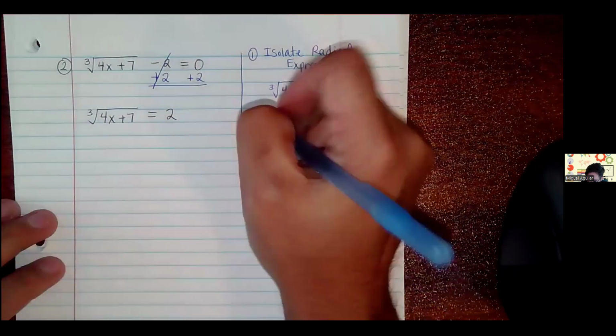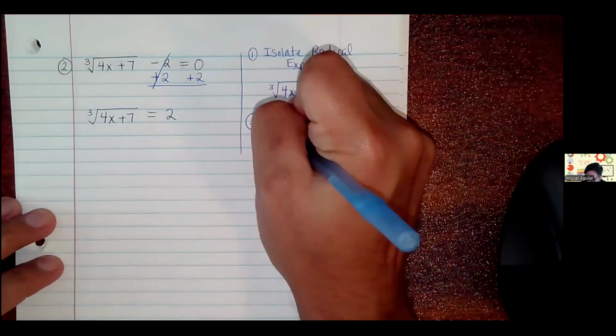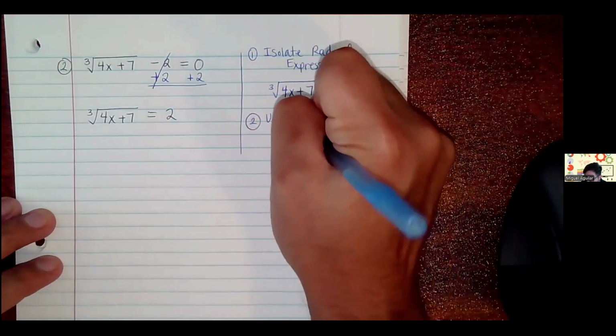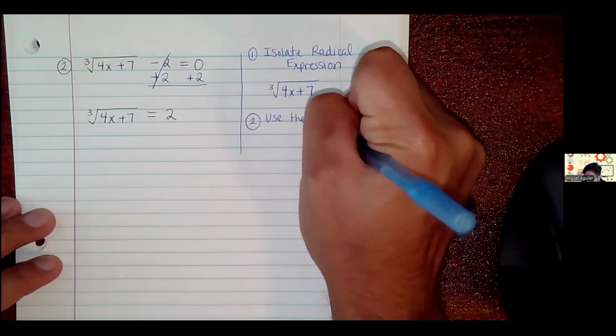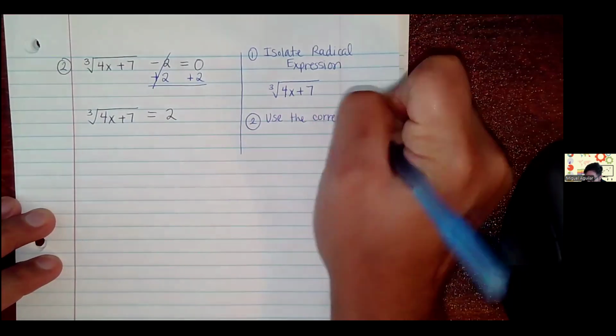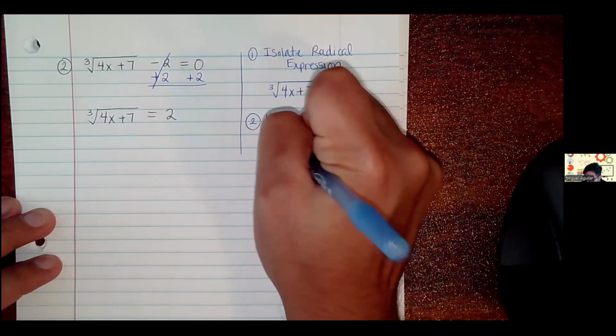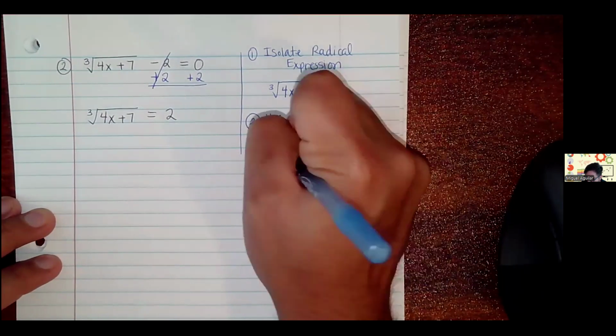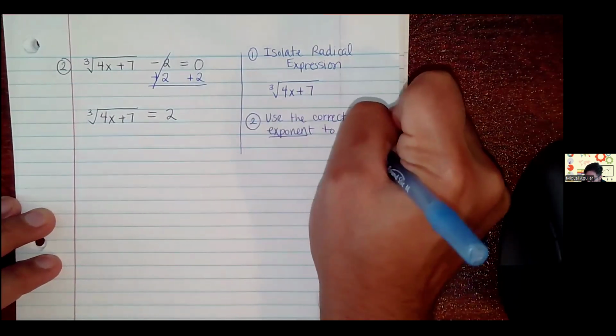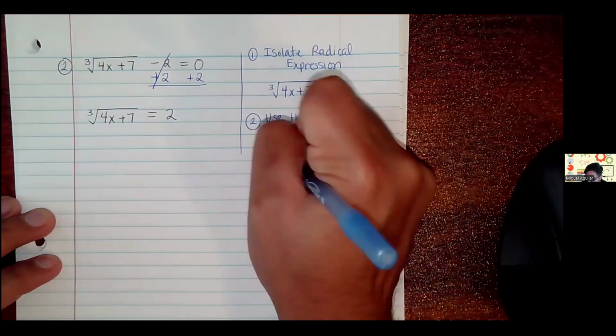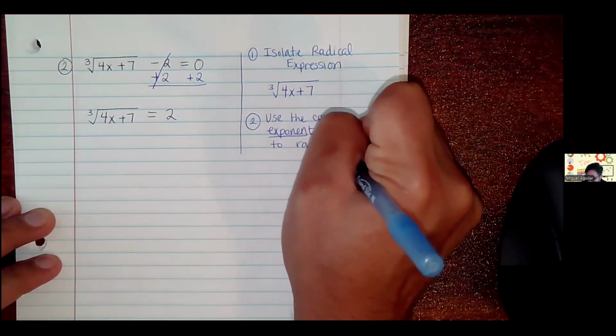The next step is going to be to use the correct power or exponent to cancel the radical expression or the root, okay?